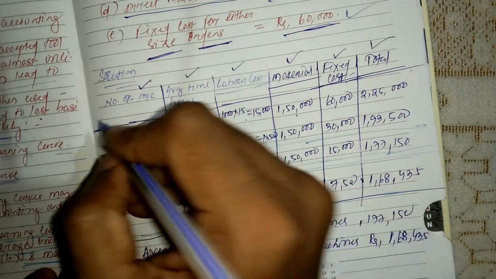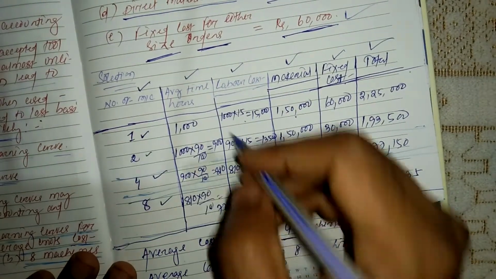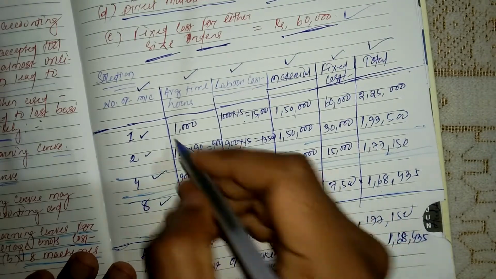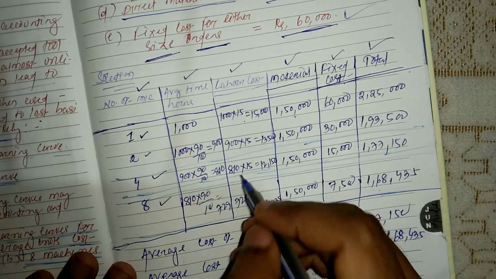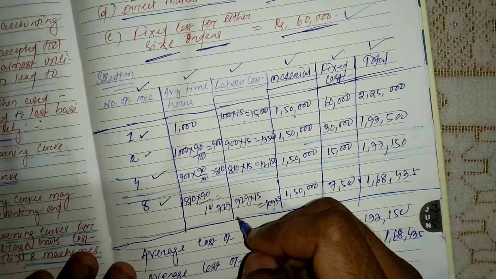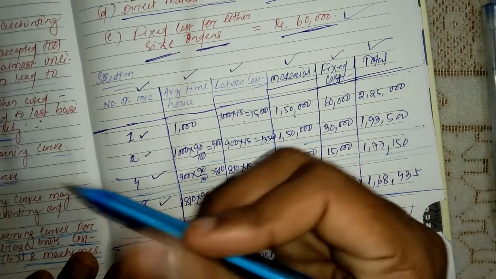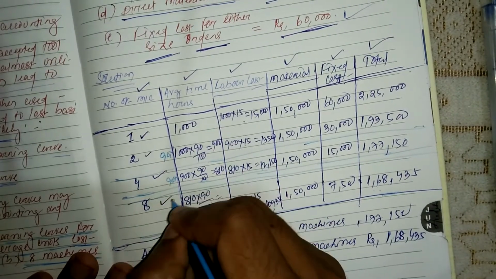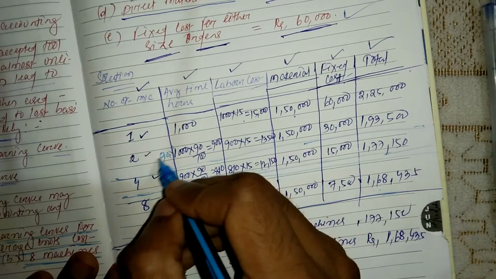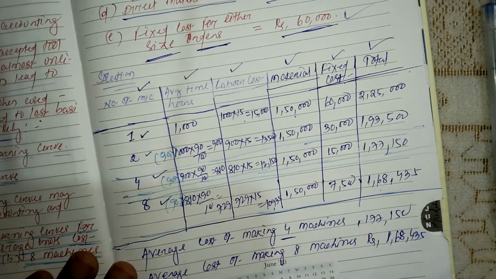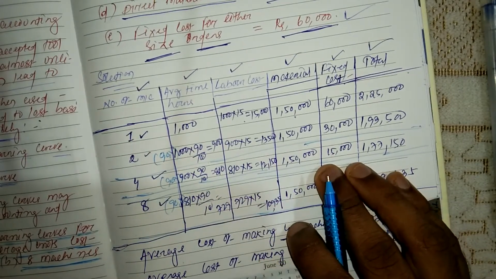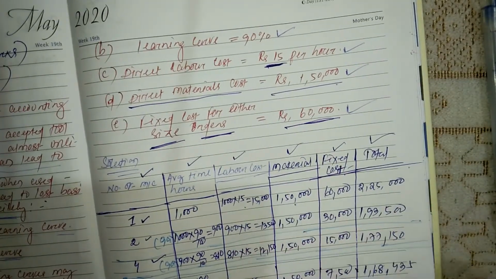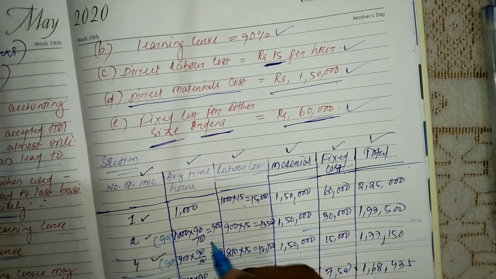First you need to find the number of machines, then average time hours if given. Average time hours will be reduced with the same percentage of learning curve, that is 90%, and labor cost. Here labor cost is given as 15 per hour, so it will be multiplied with average time hours.